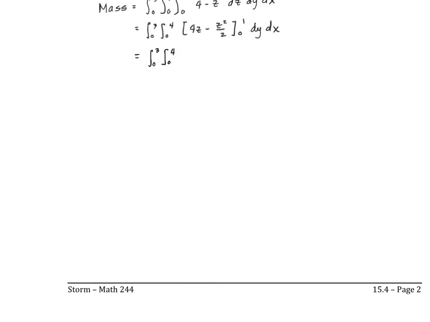So putting in 1, this is going to be 4 minus 1/2, which would just be 7/2, and then minus the 0. I am not going to show all those steps. I'll just put in 7/2 dy dx.